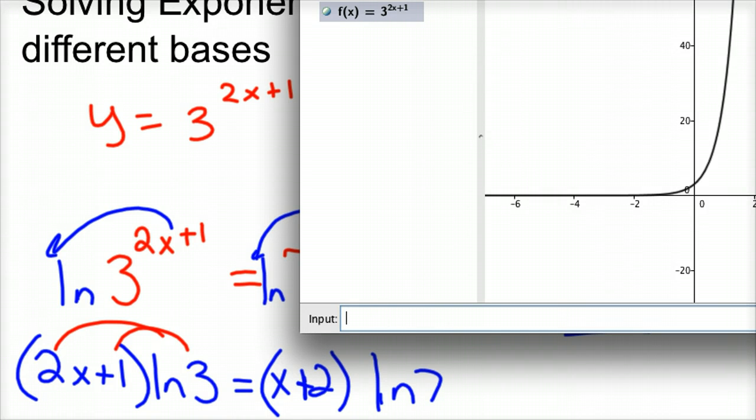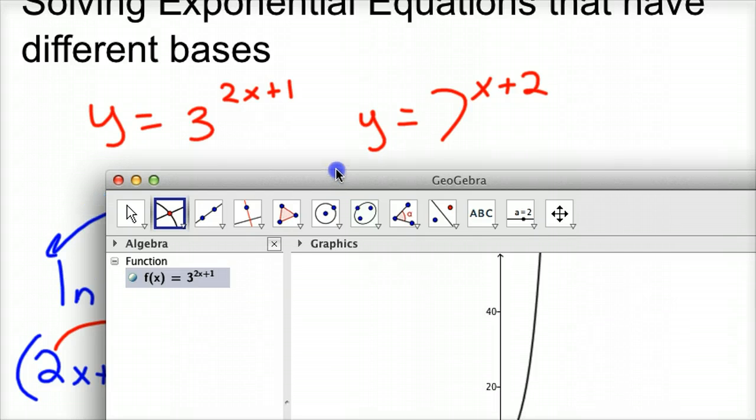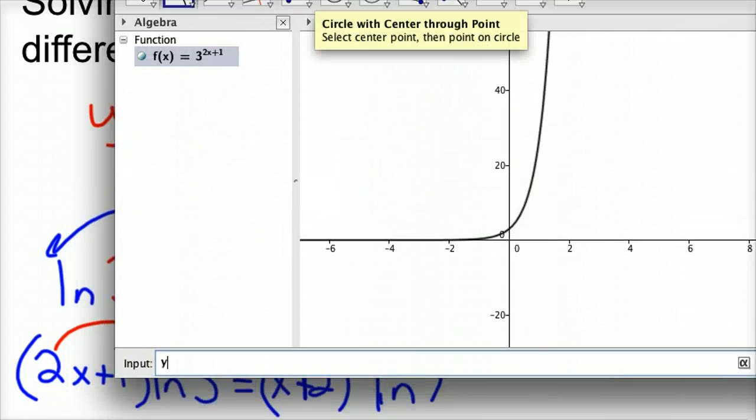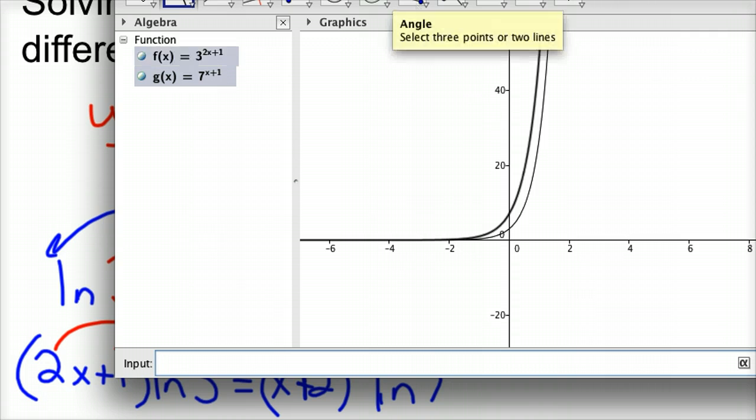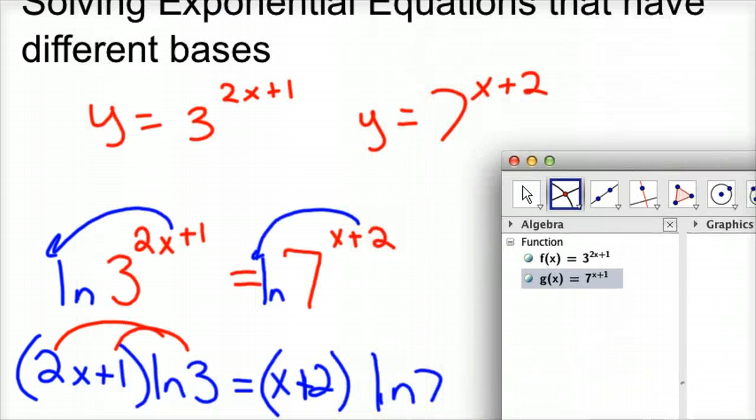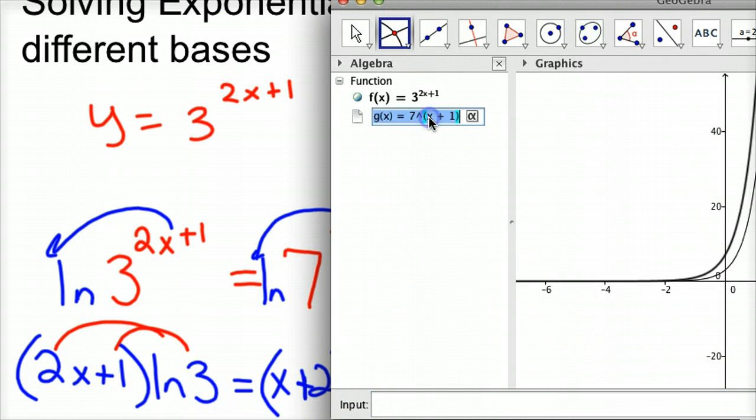And my other one, y equals 7 to the x plus 1. So y equals 7, caret, parenthesis, x plus 1. Enter. Just as I suspected, oh, it's x plus 2. See, there I even made a mistake.